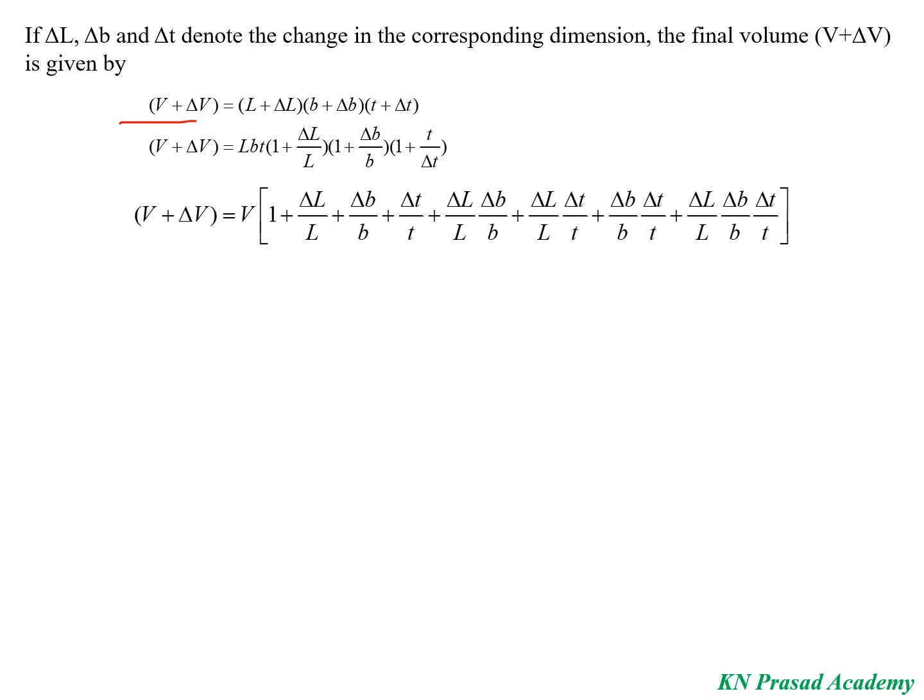So V plus delta V equals L plus delta L into B plus delta B into T plus delta T.